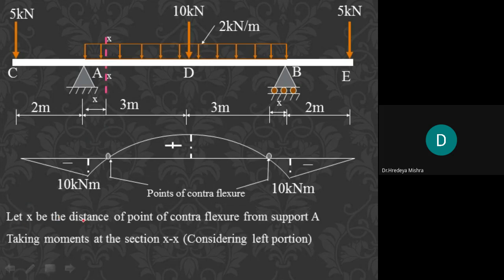Let x be the distance of the point of contraflexure from support A, taking the moment at section x, considering the left portion, this portion. Okay, now what happens? 16 into x, that is positive. See, like this. So this distance is x and the load is 16 here. How much load is it? 16 kilonewton load is here.